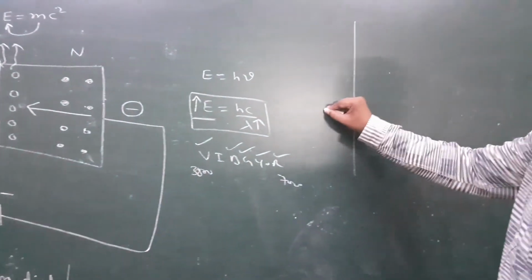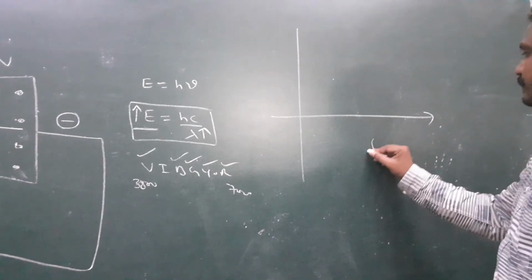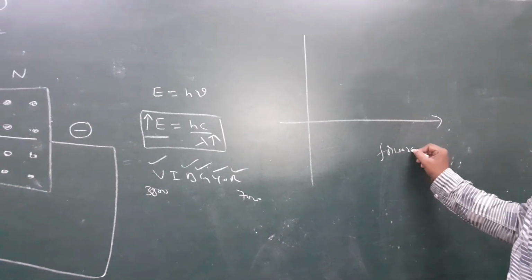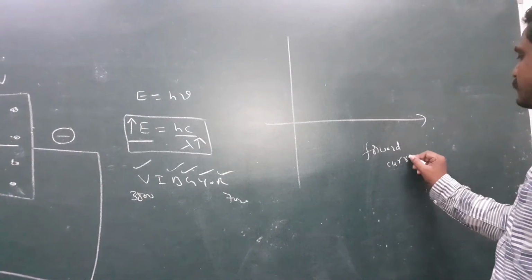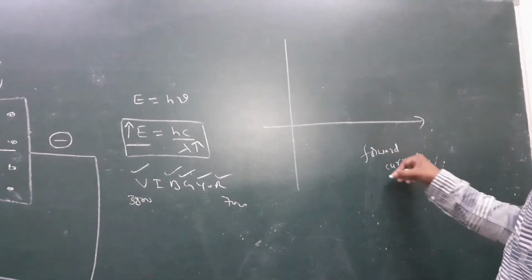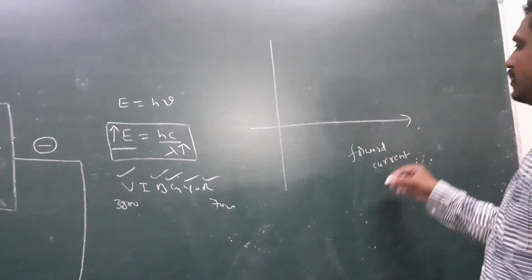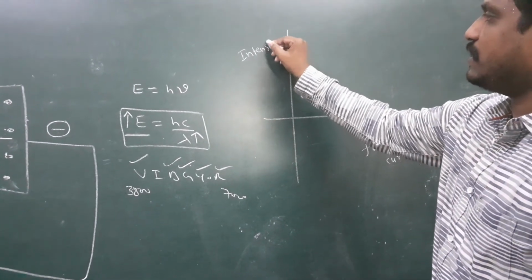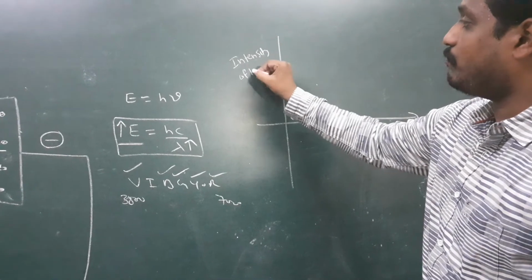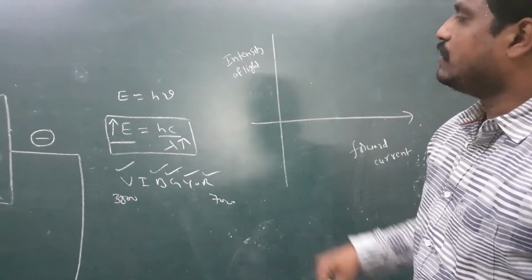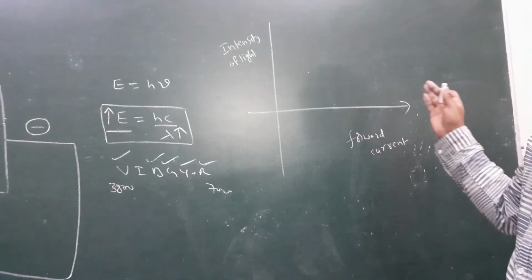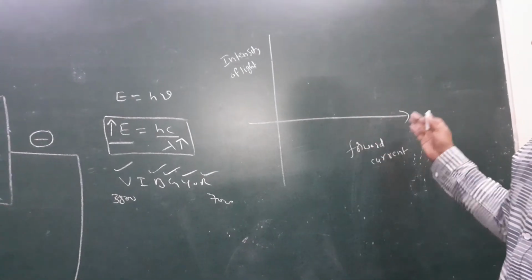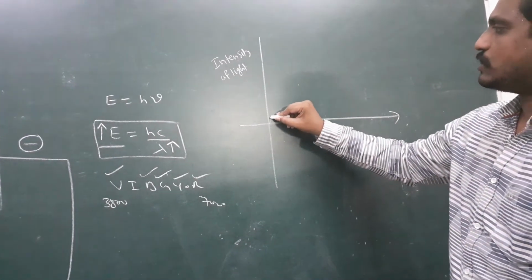Here also, I draw the graph. Here is the forward current, that means forward bias with an applied battery. This is the intensity of light, the light released. Intensity is nothing but brightness. As the forward current, that is the applied voltage, increases, the energy released also increases.